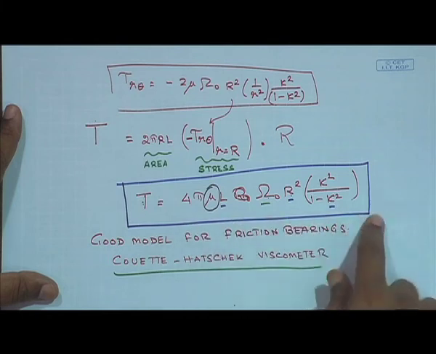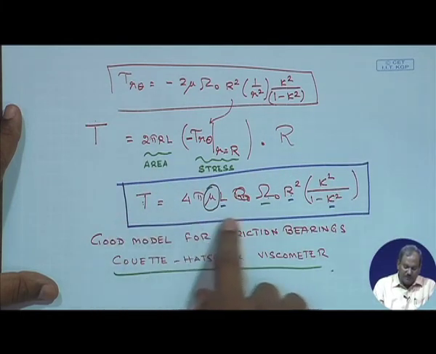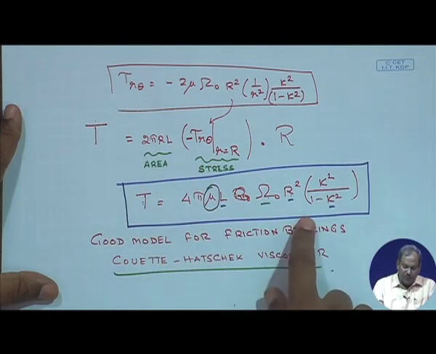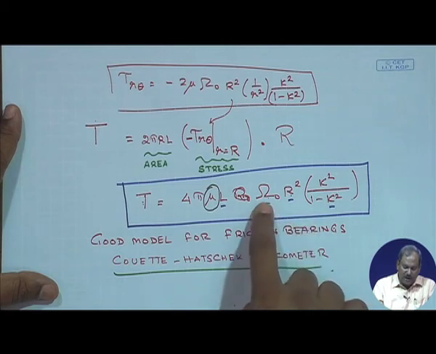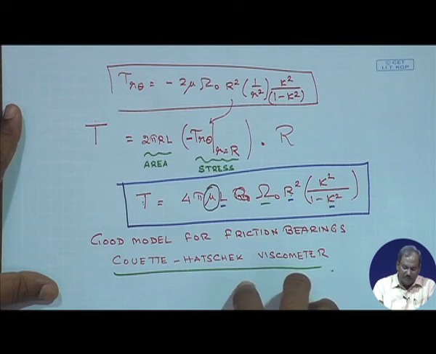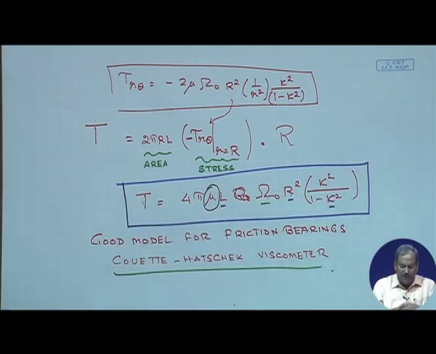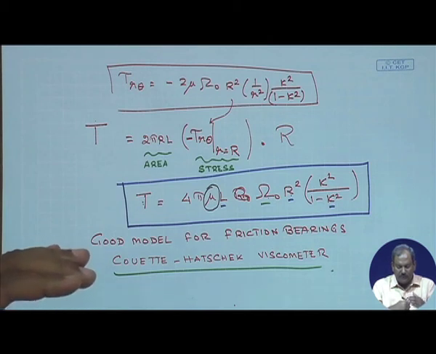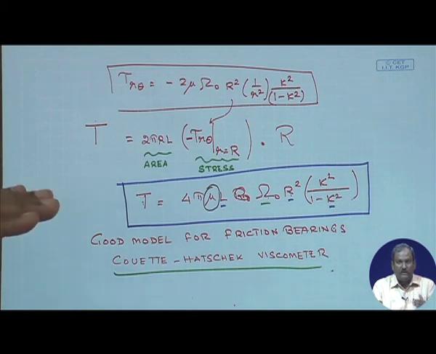So the applicability of this relation in terms of laminarity is sustained to a higher omega naught if the inner cylinder is kept stationary and the outer one is rotated. That's something to keep in mind while working with viscometers where one cylinder is stationary and the other rotating: it's always the outer one which rotates, not the inner one.